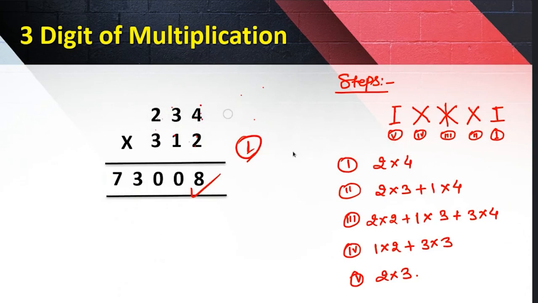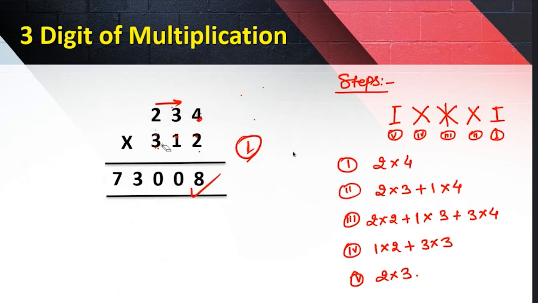So always this number will move further and the second number will multiply with this, in this order. After 2, this is the number that will multiply. If this number multiplies with 3, this number will multiply with 4. If this number multiplies with 2, this number will multiply with 3. Same here as well. If 1 is multiplying with 3, then 3 will multiply with 4. If 1 is multiplying with 2, 3 will multiply with 3.